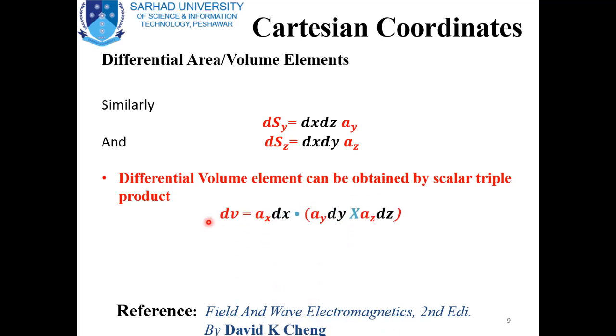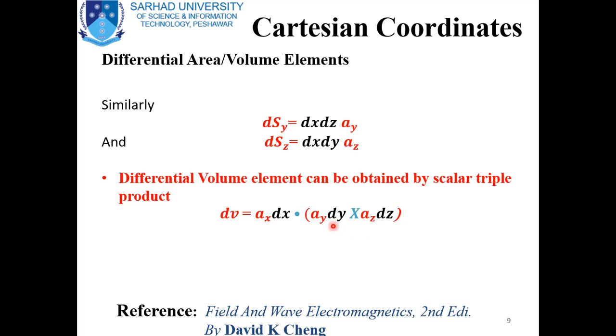So volume is 3 dimensional and we have to multiply 3 vectors in such an operation that the overall result is a scalar. So we multiply the x element dot the y element cross the z element.